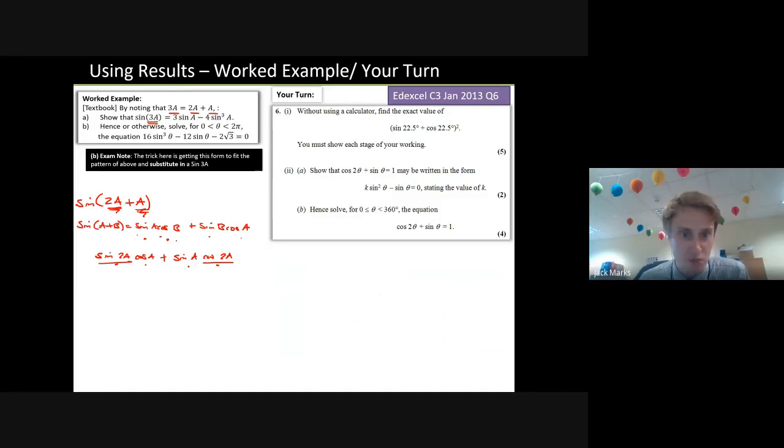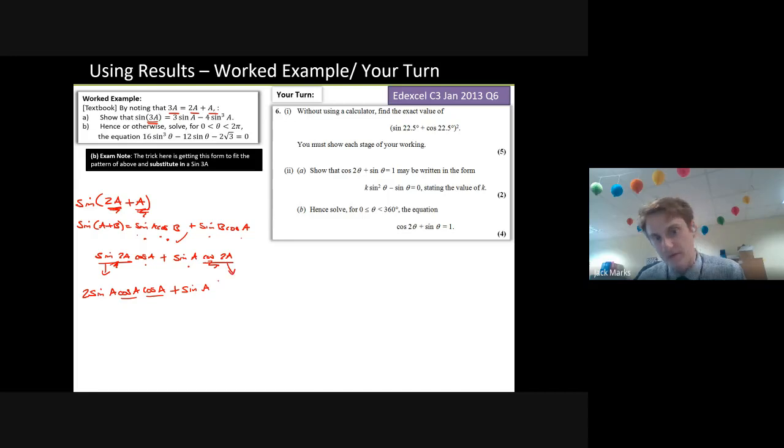So I've used the addition rule, but now I'm going to use the double angle rule for this and for this. So sine of 2a is going to become 2 sine a cos a. And then there's also that cos a there as well. So that might be why things are appearing as squared. Plus sine a.